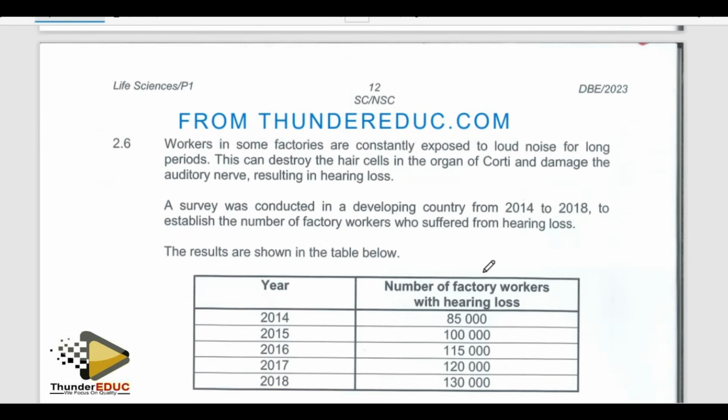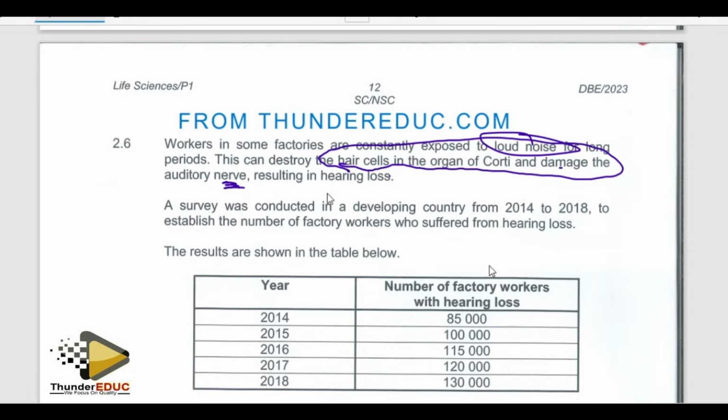The workers in some factories are constantly exposed to loud noise. This is just a story. For a long period of time, this can destroy the hair cells in the organ of Corti. We know that loud noise, like people who are staying in towns where there is beep beep beep, this one is making noise, this one is putting on music, take note of that, damages the auditory nerve, resulting in hearing loss.